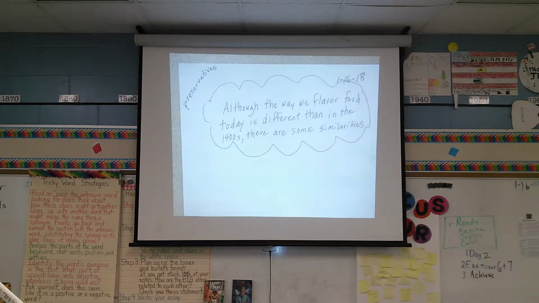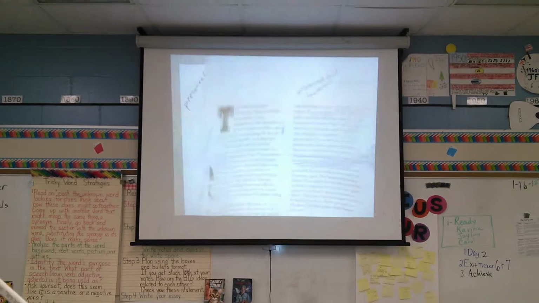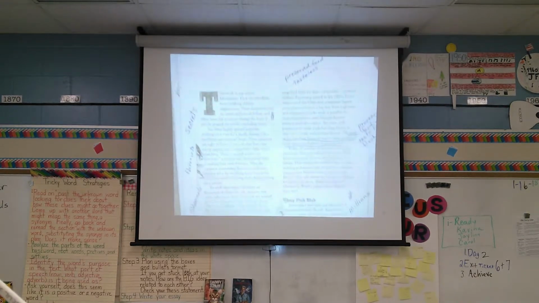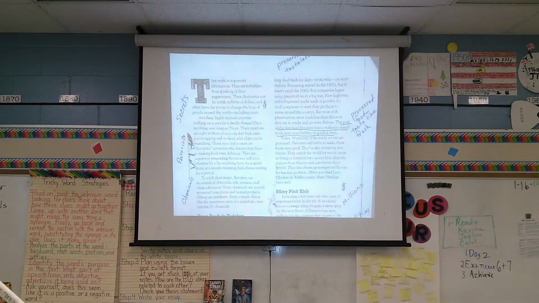Okay, did anybody come up with another way that they were similar? Sawyer, was your partner Oliver? Okay, so we came up with secrets. Both articles did talk about having secrets. Okay, the article about the chips, Are the Chips Too Delicious, talked about how they work in secret labs and they keep their formulas in safes.